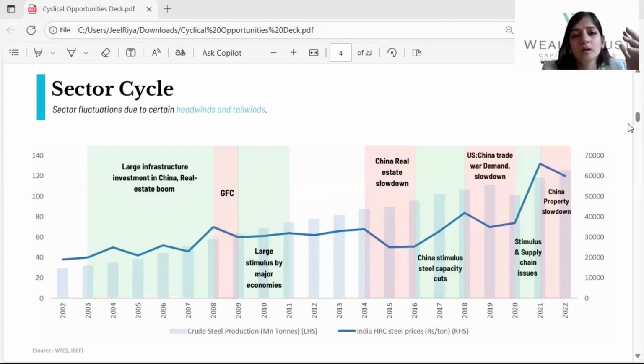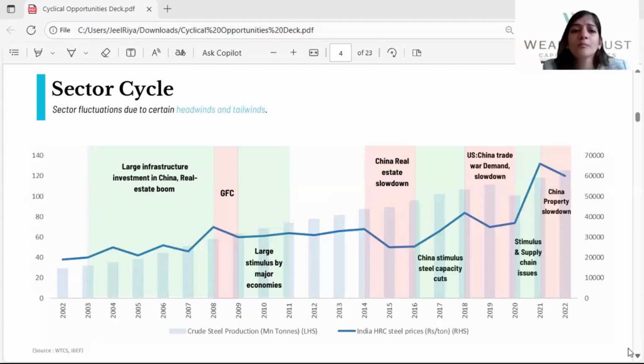From the company's angle, it wouldn't actually give you that reward, because you were in a cycle where steel prices were going down. Even though there is demand, you're not ending up making that much money. So very simply put, that's the reason that over time you see the demand increasing.